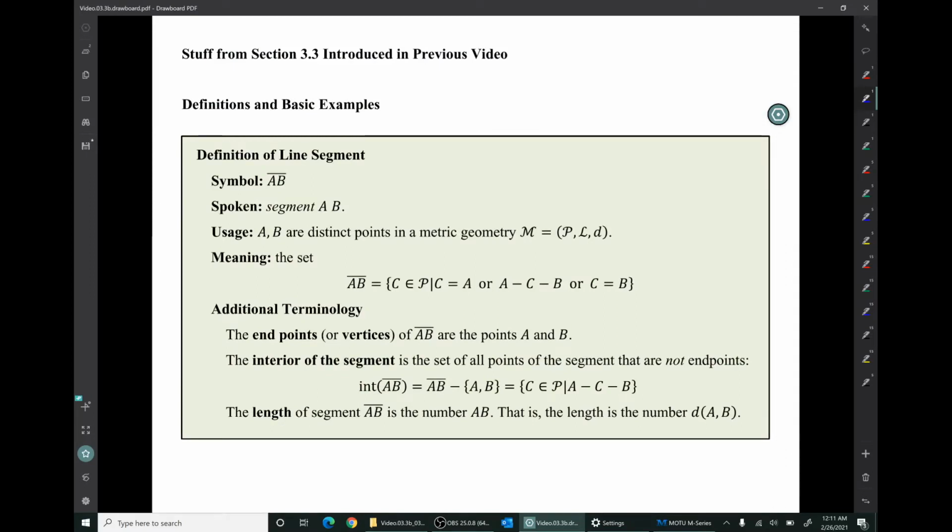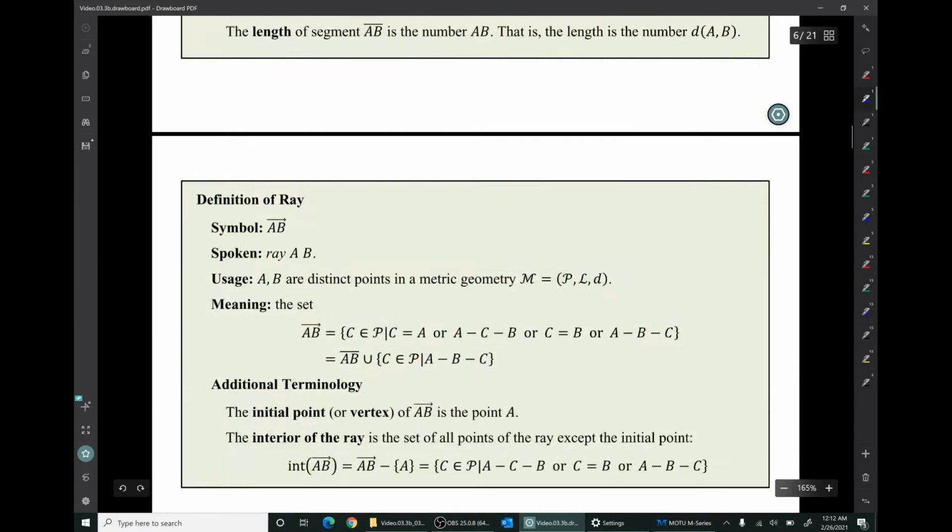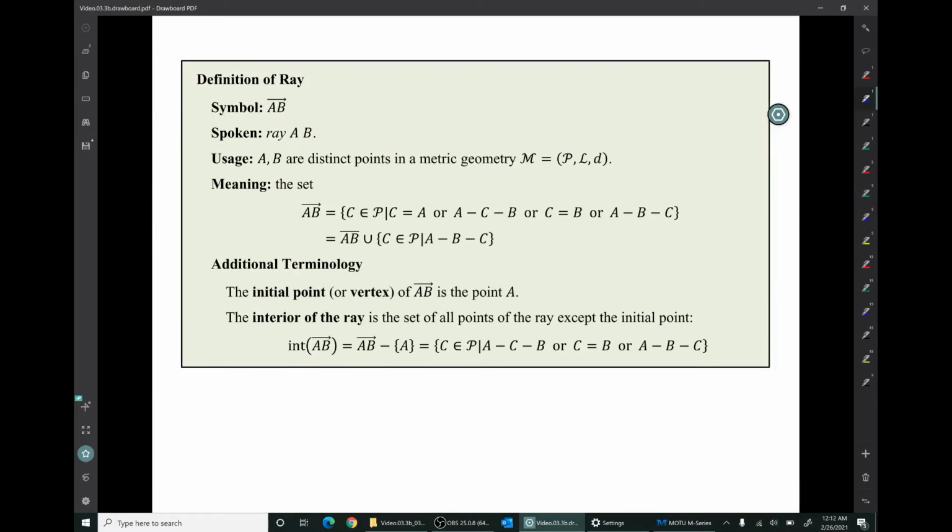The definition of a line segment. Segment AB, denoted that way, is this set. The set of all points such that C is equal to A, or C is equal to B, or C is between A and B. Definition of a ray. Ray AB, denoted by that symbol, is this set.